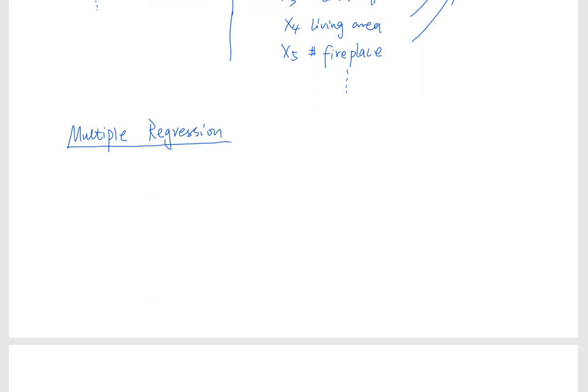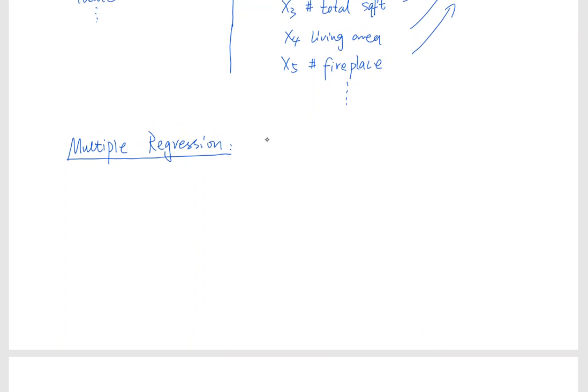Remember, I said in class that any regression has the goal of making the prediction of the value y, right? So our goal is always to make the prediction of the response variable. But for simple regression, we are only based on one explanatory variable, which we call x. But for multiple regression, we have k.